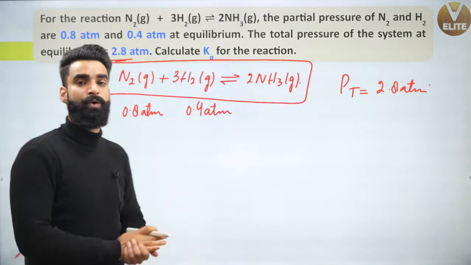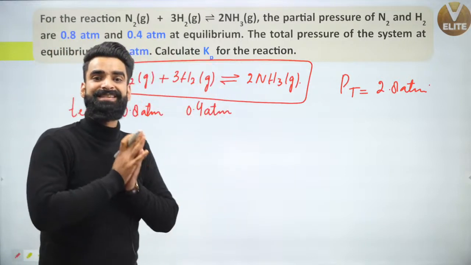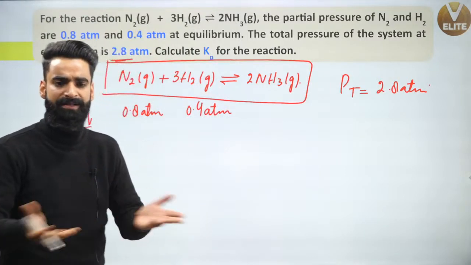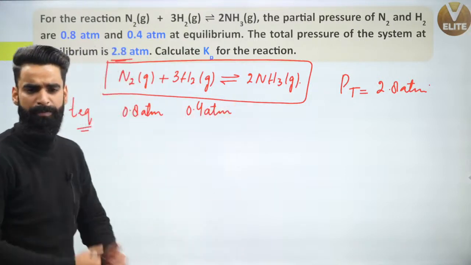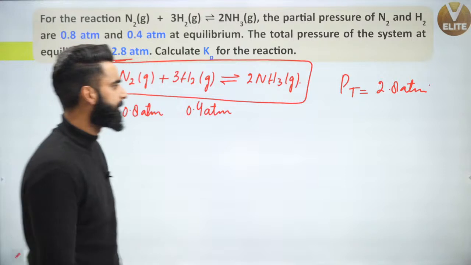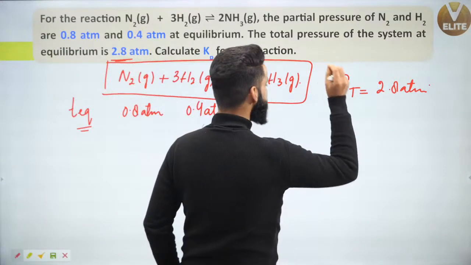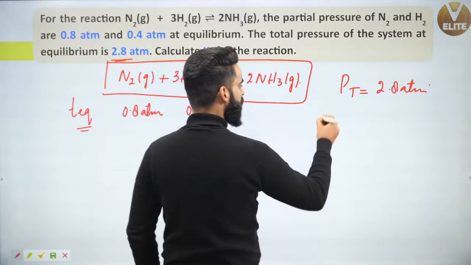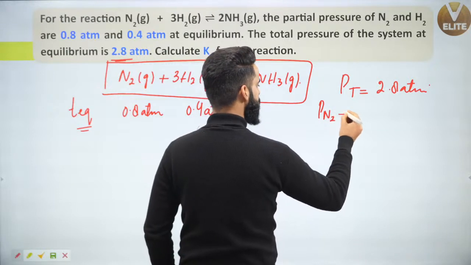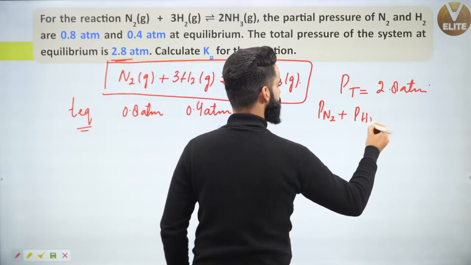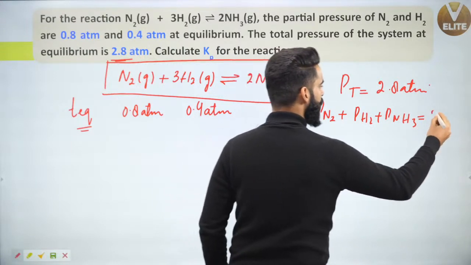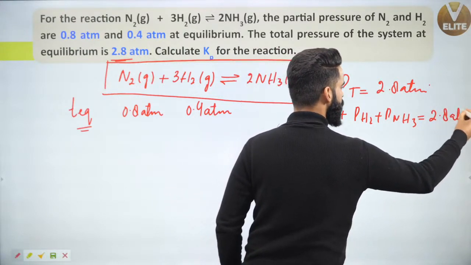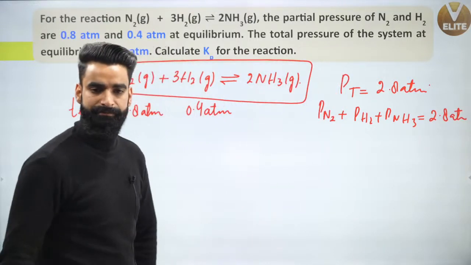So the total pressure of the resulting mixture at equilibrium will be the sum of the partial pressures of each. This value is equal to 2.8 atm, correct?